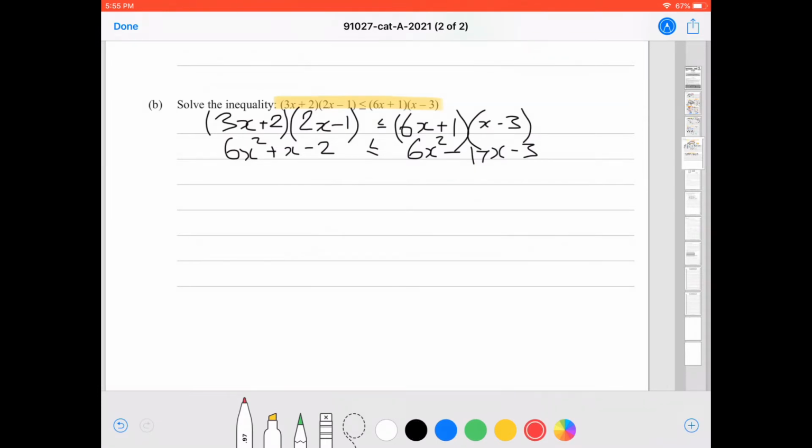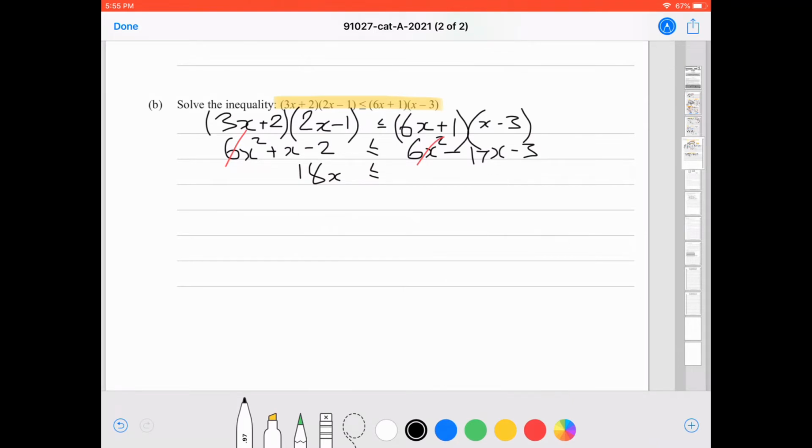Straight away we can cancel the 6x squareds. So we want to bring our x's to one side. Let's take the minus 17x to the left hand side, and we're going to say x plus 17x is 18x, and this is less than or equal to minus 3 plus 2.